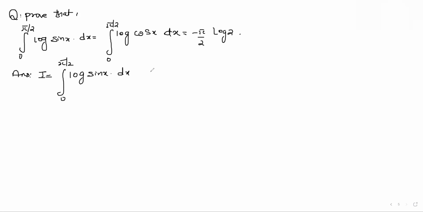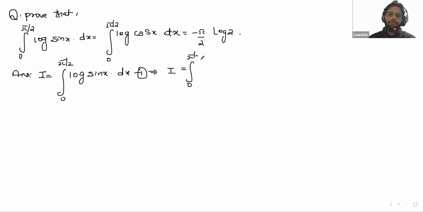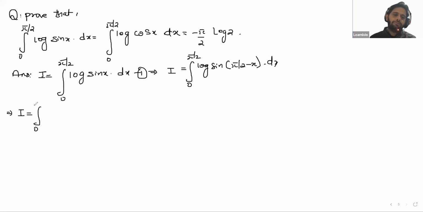Yes, sir. I is equal to, let this be first, then you must have applied that integral from 0 to pi by 2 of log sin of (pi by 2 minus x) dx. This becomes I is equal to the integral from 0 to pi by 2 of log cos x dx.